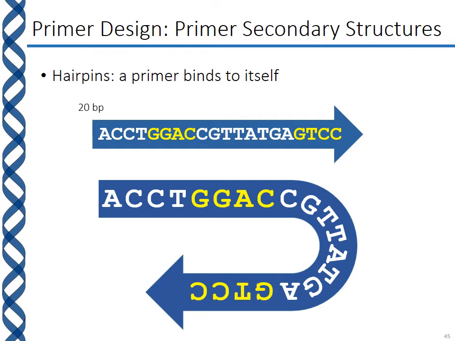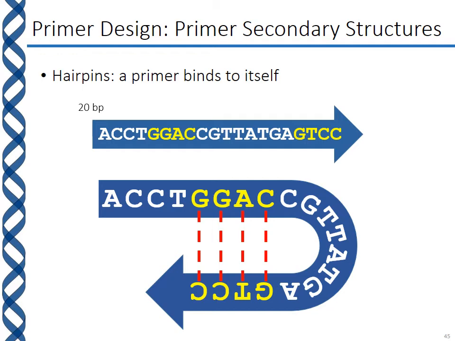So 3' to 5' from the left. So these are now anti-parallel, which means that you can form hydrogen bonds between the G and the C, the G and the C, the A and the T, and the C and the G.